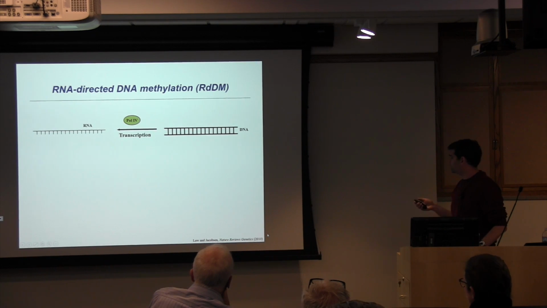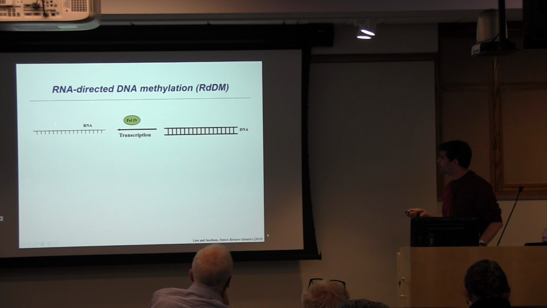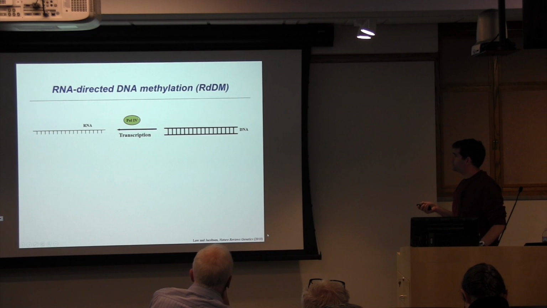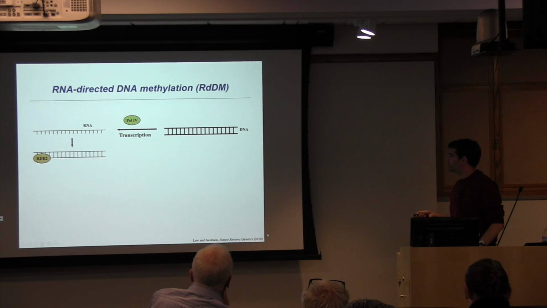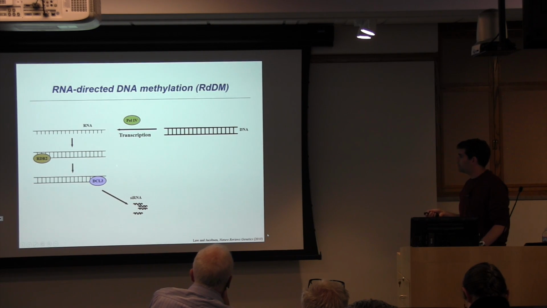So a transcript is made that is recognized as aberrant in some way. Perhaps it's double-stranded. Perhaps there are other issues with this. And then it is converted upon transcription. This transcription occurs by Pol II, but it also occurs by a plant-specific version of polymerase II called Pol IV, and it's converted by an RNA-dependent RNA polymerase called RDR2 into a double-stranded version that is then processed by a Dicer nuclease into small RNAs.